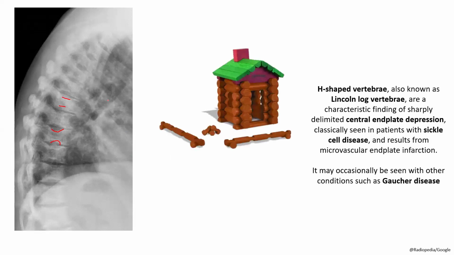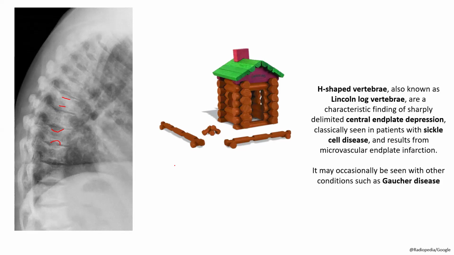What is happening here in this lateral radiograph of the dorsal spine? We can see there is abnormal depression in the end plates here. Basically, this indicates H-shaped vertebra or Lincoln log vertebra. There is central end plate depression, which is quite characteristic of sickle cell disease. It occurs due to microvascular end plate infarction.